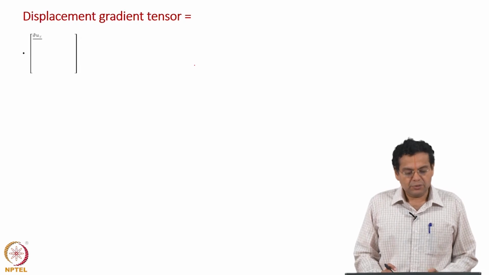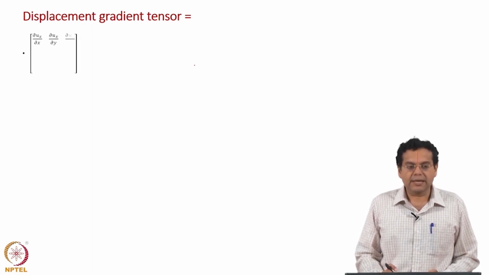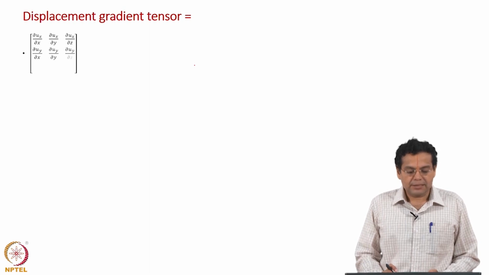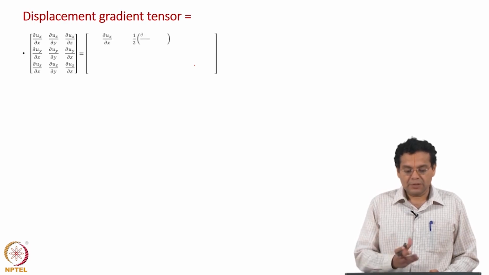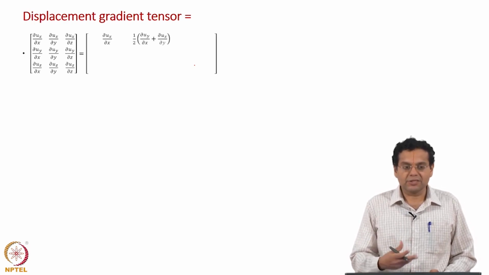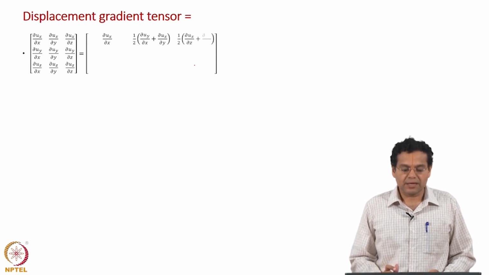So, now we can write this statement again, that the displacement gradient tensor is sum of two tensors, okay. Now, I think you can look at it more physically, geometrically, instead of just looking at it in terms of calculus or differentials, okay.